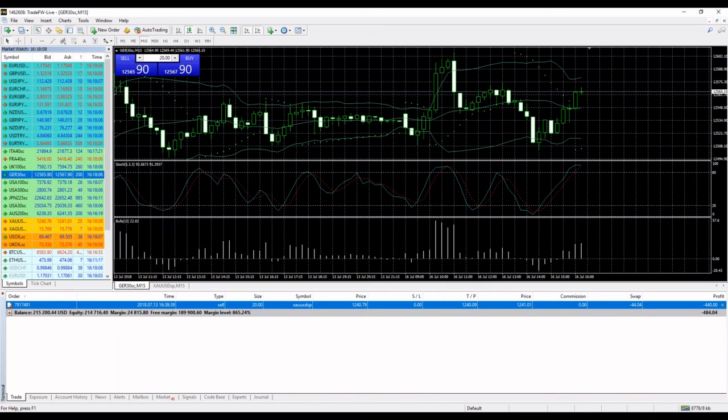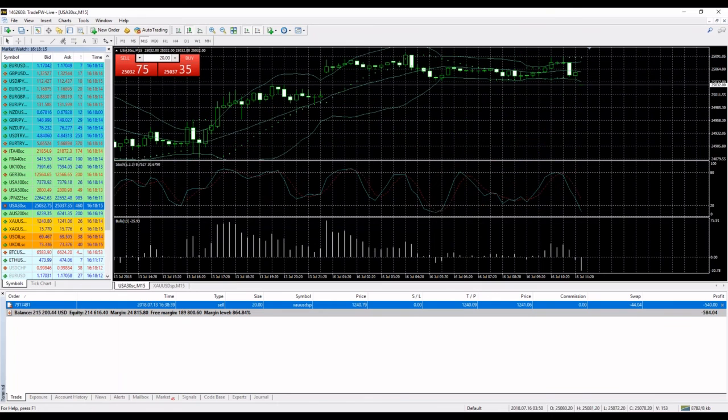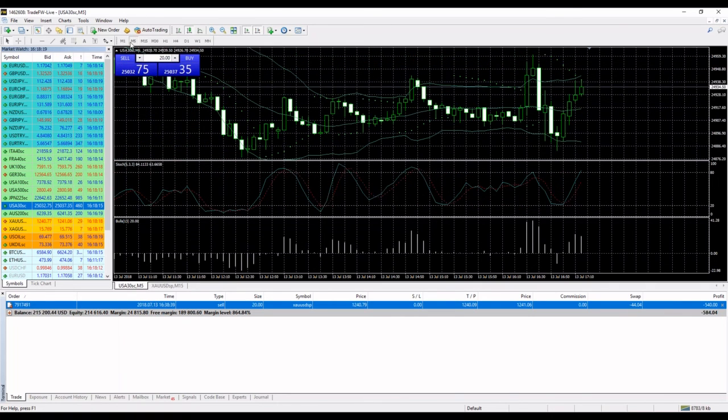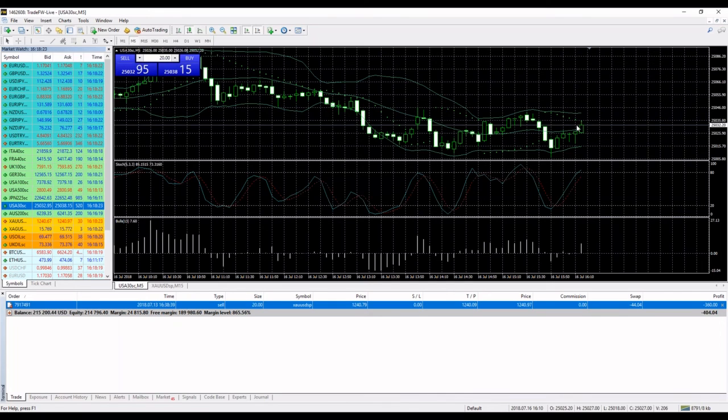So I see George is long in Nasdaq and Dow Jones. Let's have a look. Definitely, it looks quite interesting. It looks like an uptrend. If the American opening weren't so close, I would have gone long on Dow Jones too, but I want to wait for the American opening and trade during it.